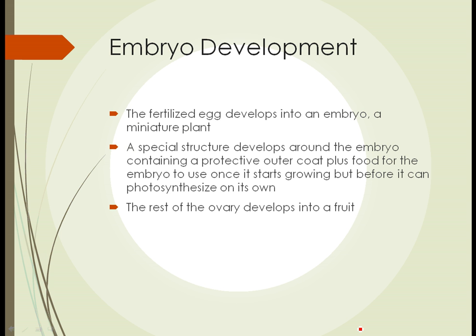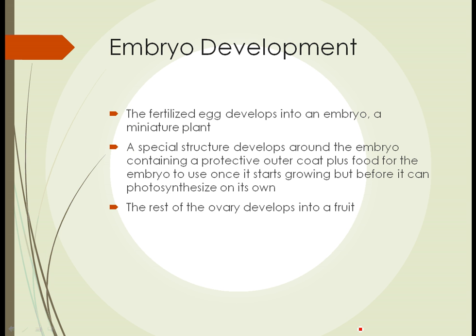It may not look exactly like the adult plant is going to look, but it has a lot of the structure of an adult plant. They often will have identifiable structures that will develop into leaves. One end will develop into roots, and so you essentially have a miniature plant.